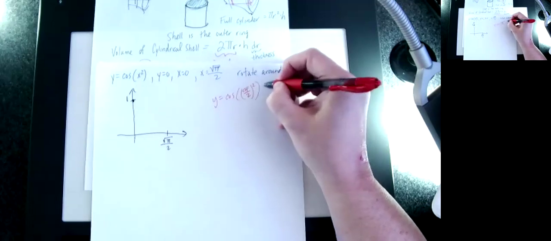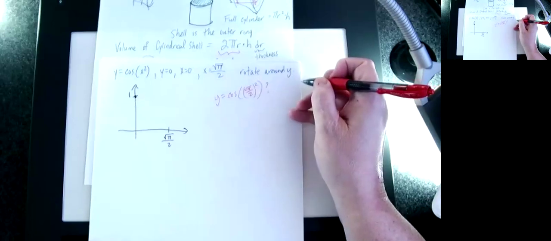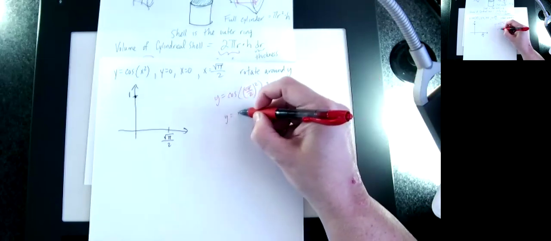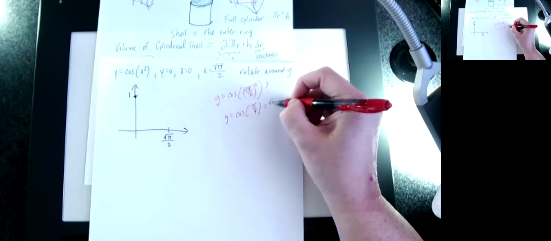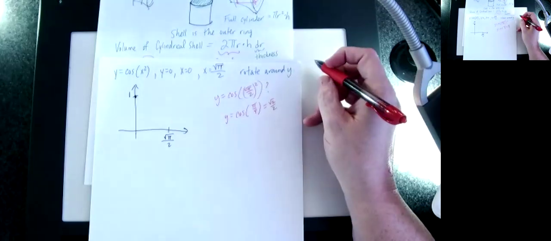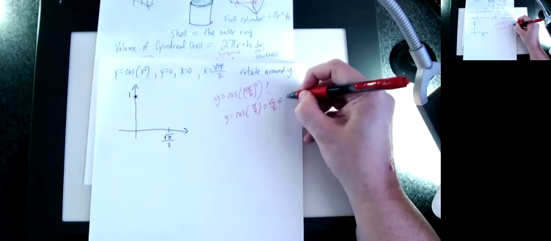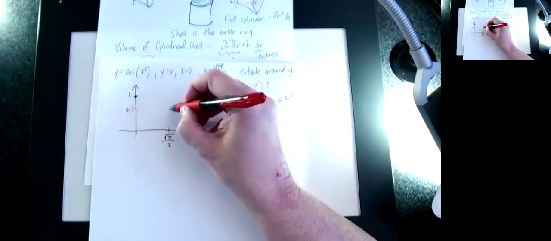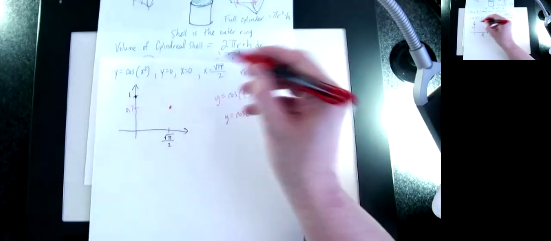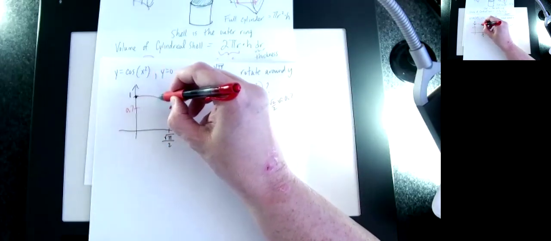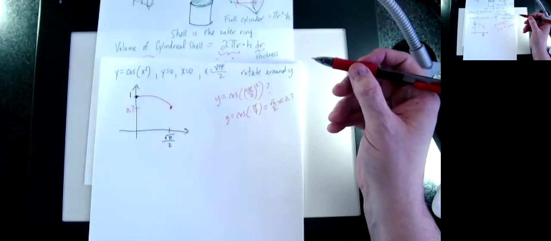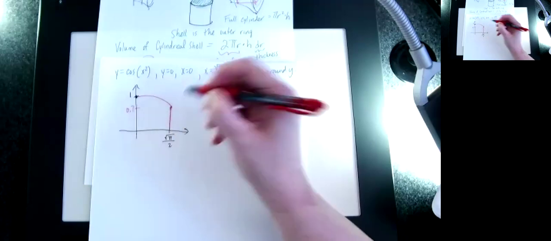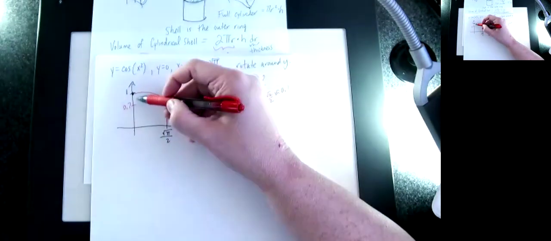Squared, I get y equals cosine of pi over 4, which is root 2 over 2, which is about 0.7-ish. And we know cosine curves downwards as it's going this way. And this was a boundary. That looks like my region.